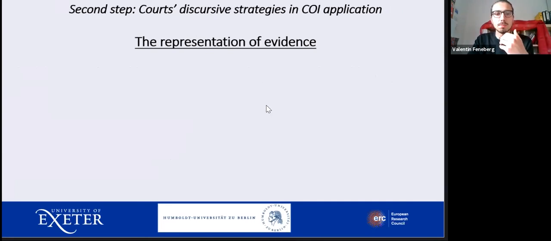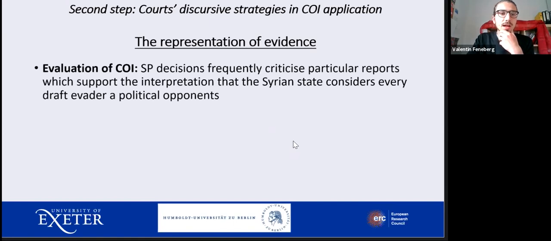These are just two examples, and in a second step, we now look at how evidence is represented based on these interpretations or assumptions. For example, we saw different evaluations of COI depending on the sort of decision. Subsidiary protection decisions criticized particular reports which did not support their interpretation of the Syrian state.